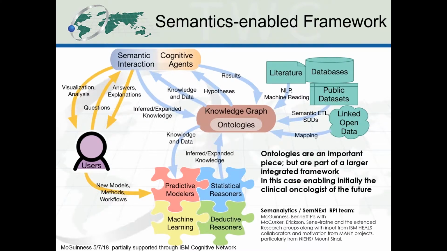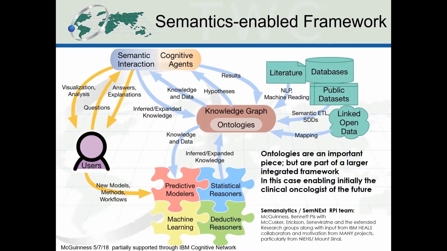And our semantics-enabled framework has ontologies and this big knowledge graph in the middle, keeping track of where we got all the data. So whether we got it from a recent study with a large sample size using methods that are reported in the literature as being highly reliable, or whether I got it from gray literature and just some co-occurrence.